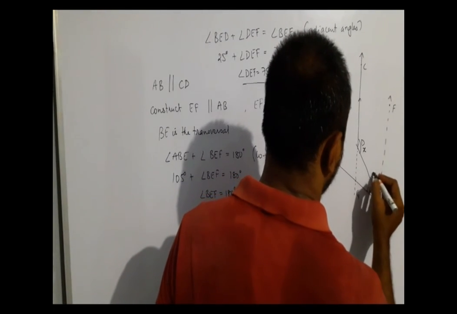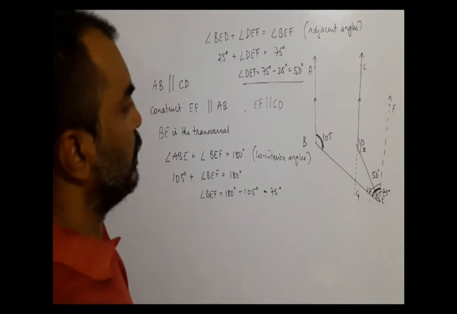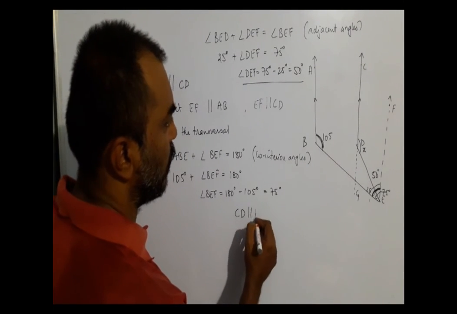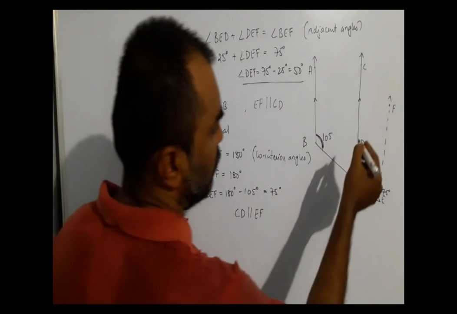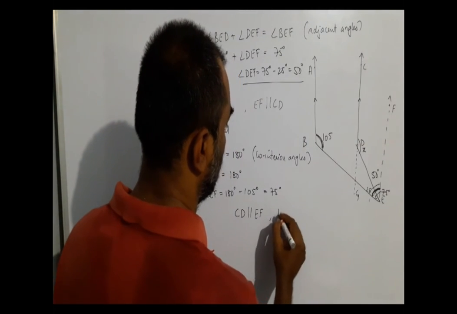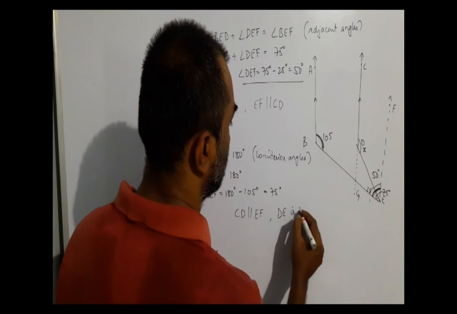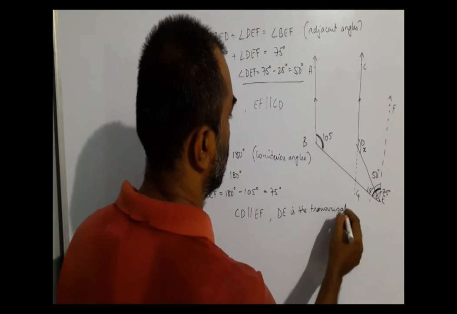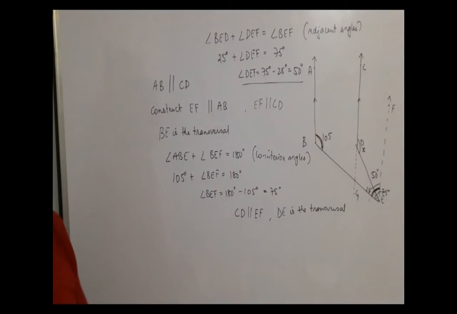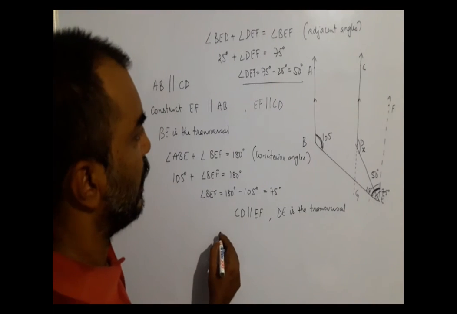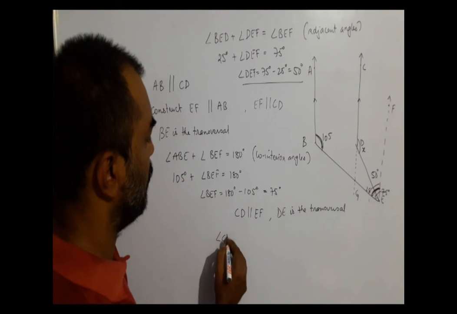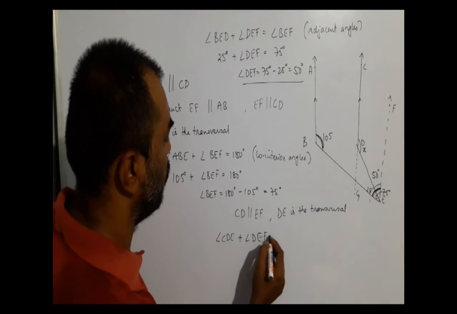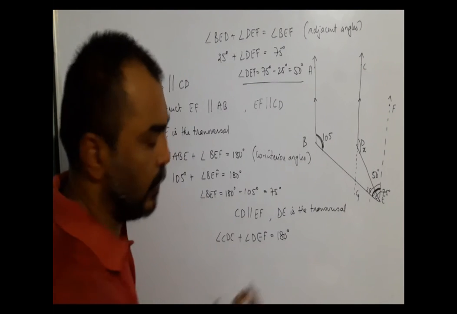Now I got DEF as 50. Now which one do we apply? CD is parallel to EF and we'll take DE as the transversal. Now what will you get? Angle CDE plus angle DEF equal to 180 degrees.